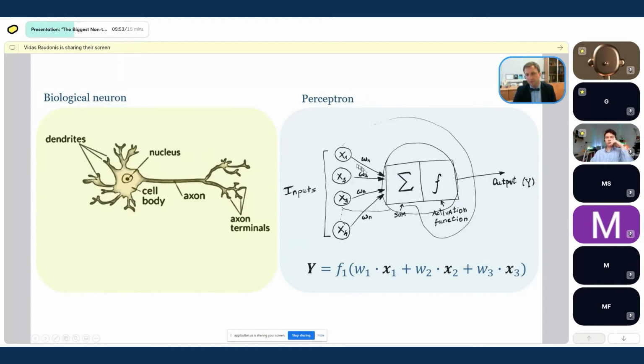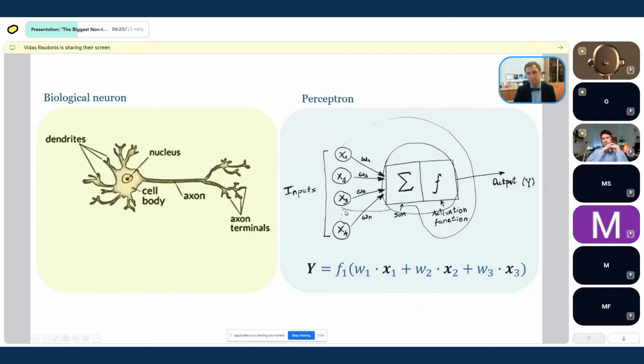The inputs that go to the dendrites are X1, X2, X3. They connect to the cell body, which does summation. And if the signal is strong enough, it shoots out the output. The equation looks like this. It's a simple sum and multiplication of signals.